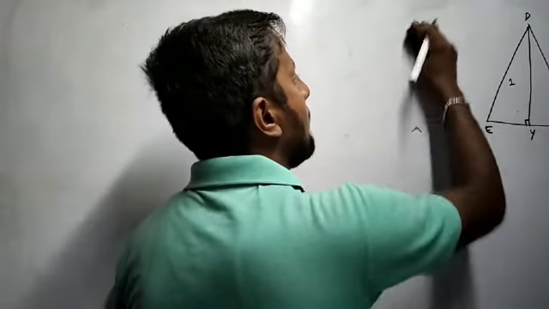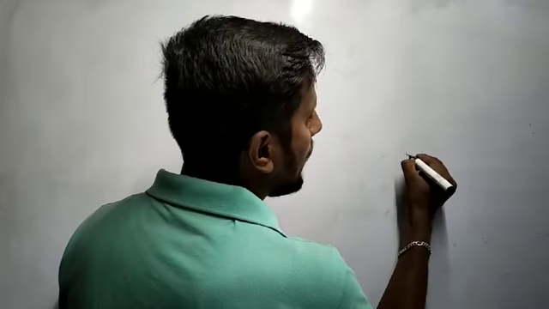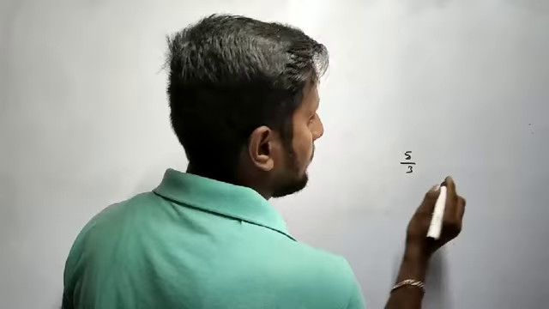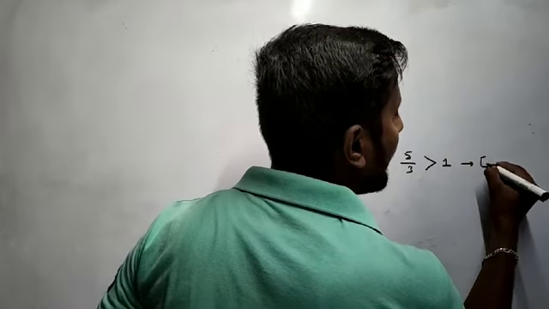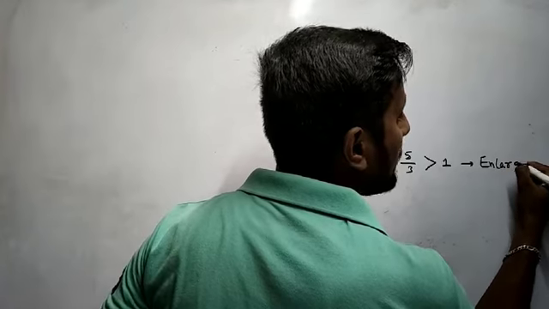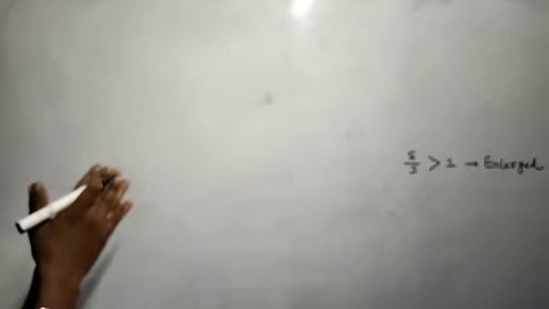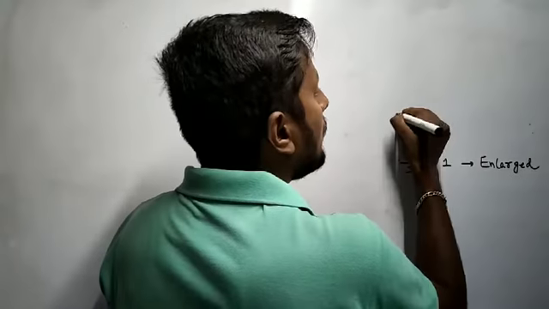The value of 5/3 is more than 1, so we'll get an enlarged figure. That means our constructed diagram will be larger than whatever figure you imagine. So simple.